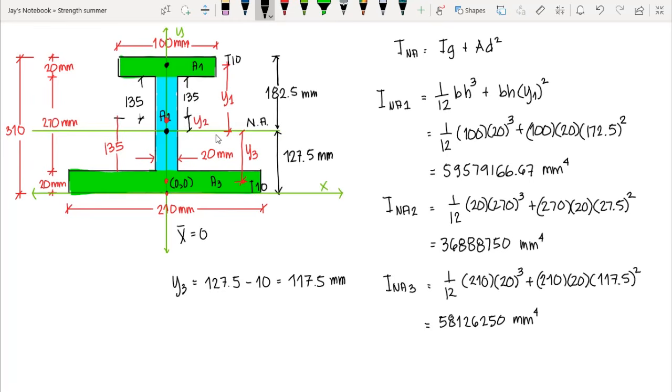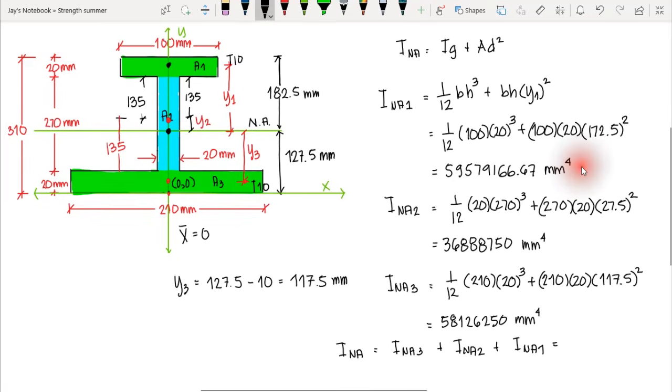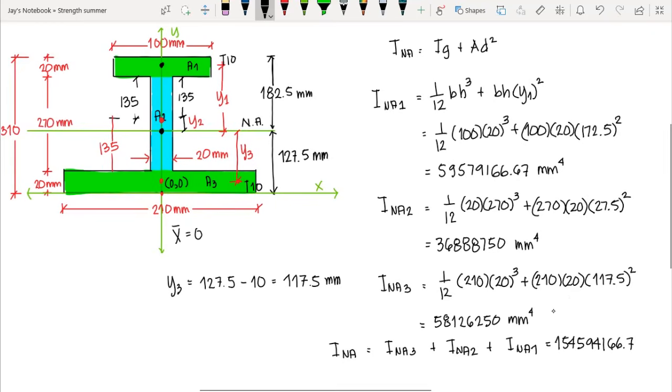Okay, so now for the entire cross section, our moment of inertia about the neutral axis is equal to the inertia of 3 plus the inertia of 2 plus the inertia of section 1, and then you add all these inertias, and the result is 154,594,166.7, and this is in millimeter to the fourth.